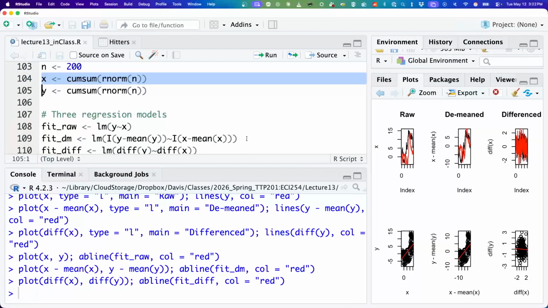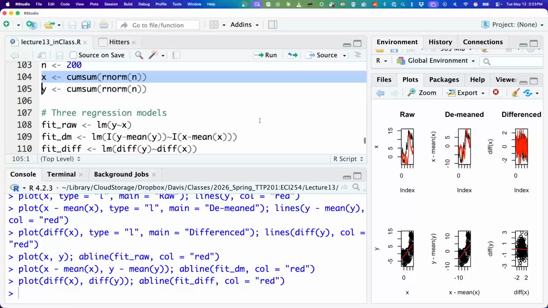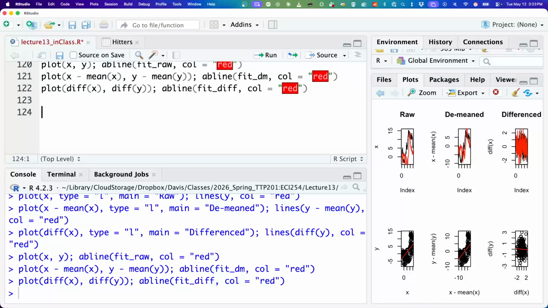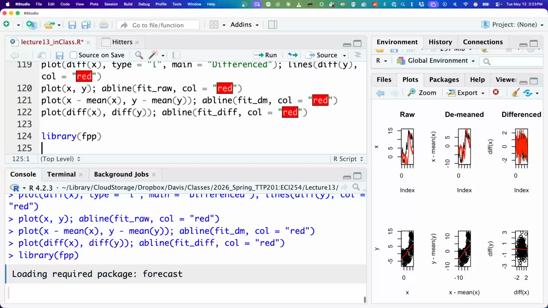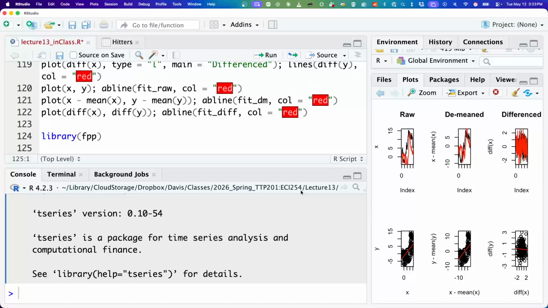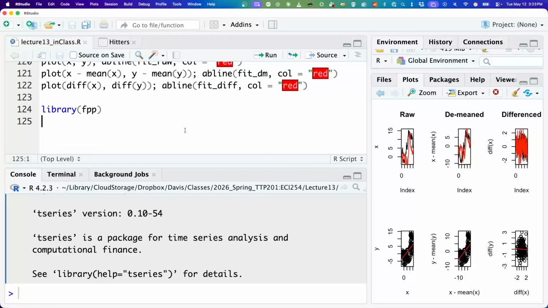Okay, so let's look at an example of moving averages. We're going to use a library called fpp to do this. This is a package commonly used in time series that includes the ability to do some of these moving average calculations. So we're going to set our window to 5.